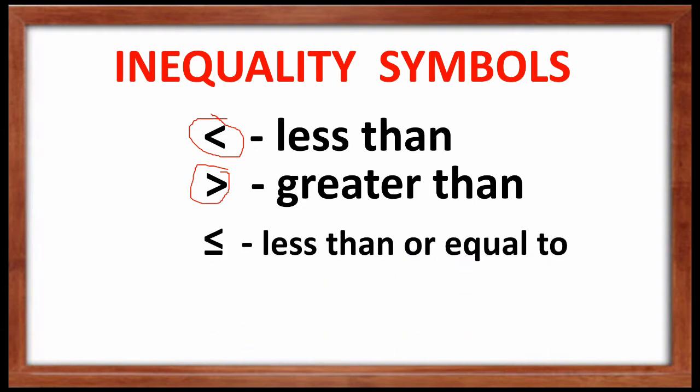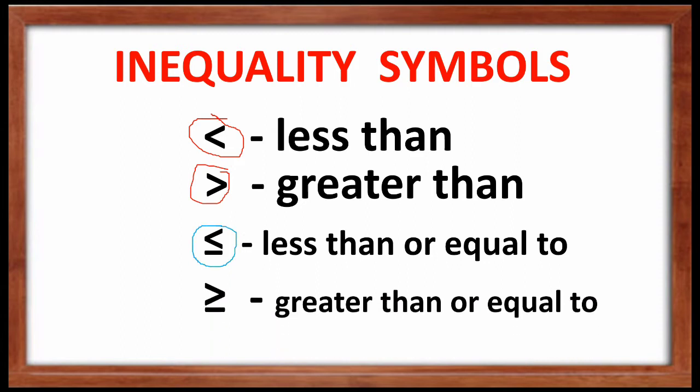The third one, we have less than or equal to. The nose point location is going to the left. While the fourth symbol is greater than or equal to. As we can see, the nose point location of this symbol is going to the right.